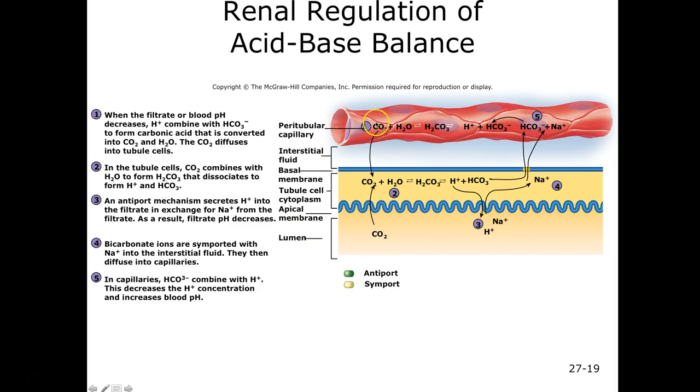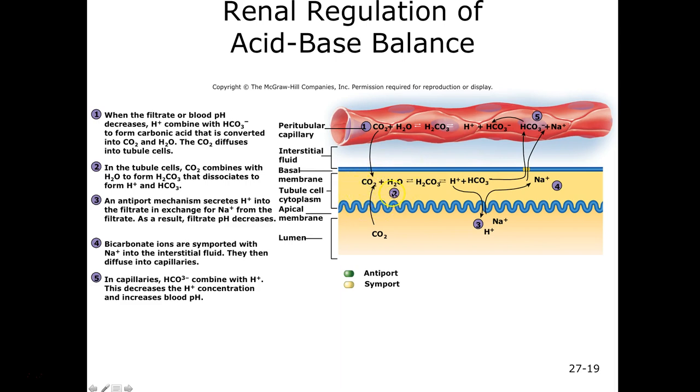At number 1 here, our blood pH is going to decrease. So we have our hydrogen combining with bicarbonate ion, and that's shifting everything over to the left. We get our carbonic acid that gets shifted into carbon dioxide and water, and that diffuses easily into these kidney tubules. I want you to imagine that we are in your proximal convoluted tubule.